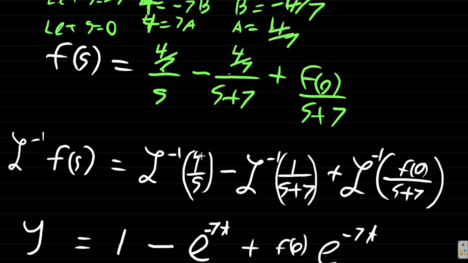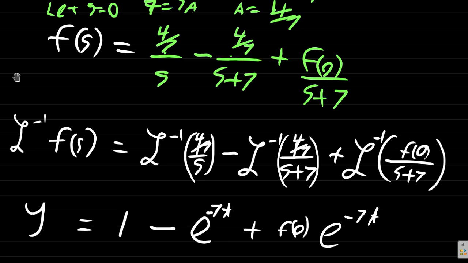So when we found the Laplace inverse, what we really would find is the Laplace inverse of 4 over 7 over s, minus 4 over 7 over s plus 7. So this would have been 4 over 7 minus 4 over 7 e to the negative 7t plus f(0) e to the negative 7t.